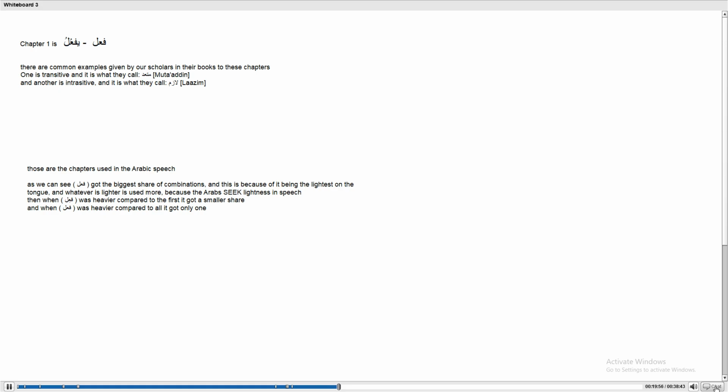How to tell the difference between the two? The difference between the two is simply having a receiver or not. This means that if the act was only concerning the doer, and not involving anyone or thing receiving that act, then it is lazim.